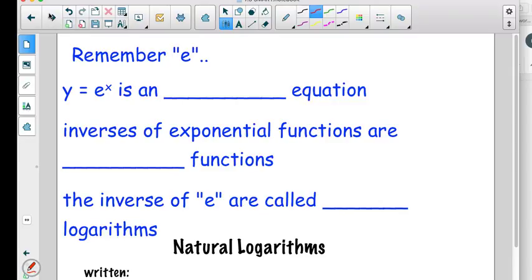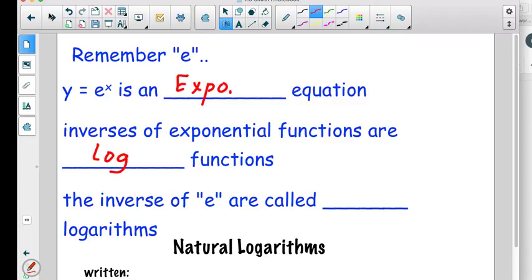What kind of equation is that? Exponential, because it has an exponent. So I'm just going to write expo for exponential equation. You don't have to write this, sorry. We're going to just write what's down here in black. This is an exponential equation. Inverses of exponential functions are, what's the inverse?